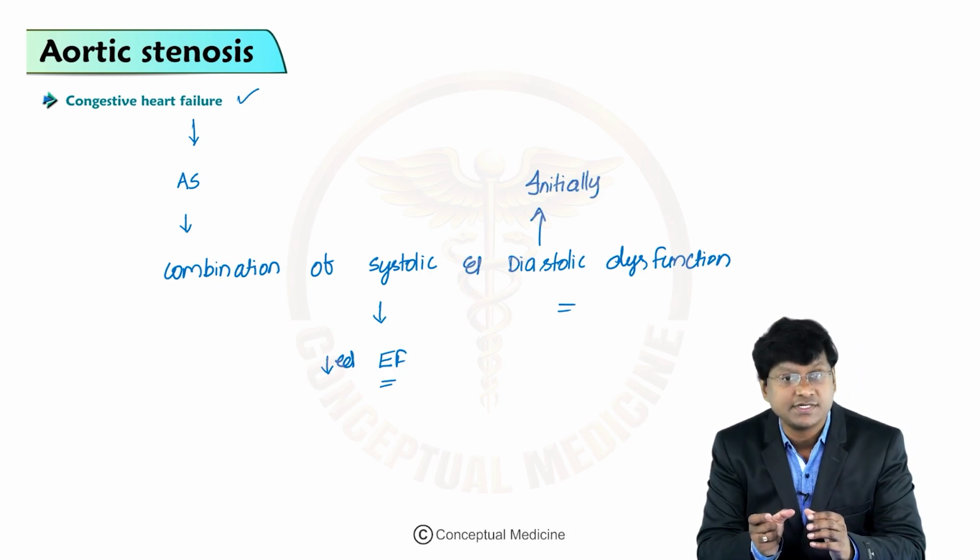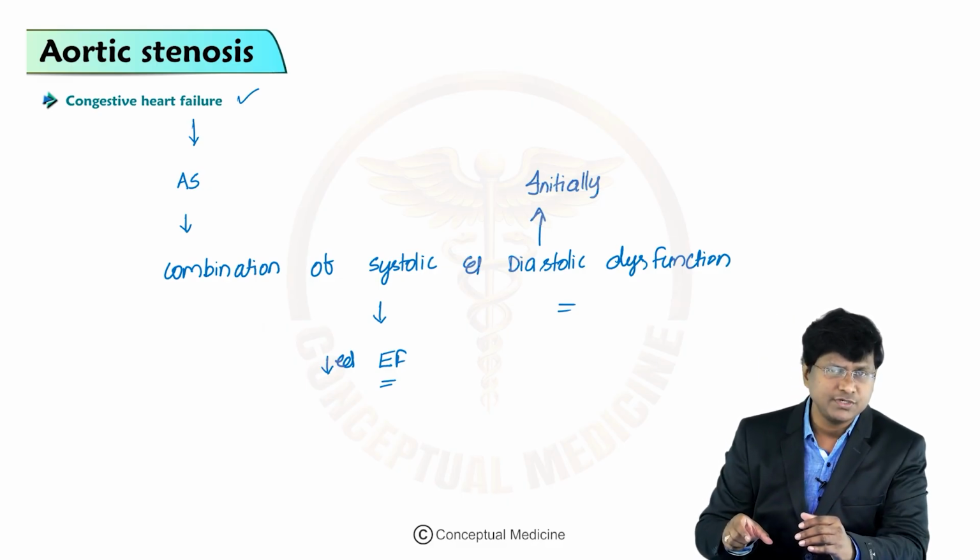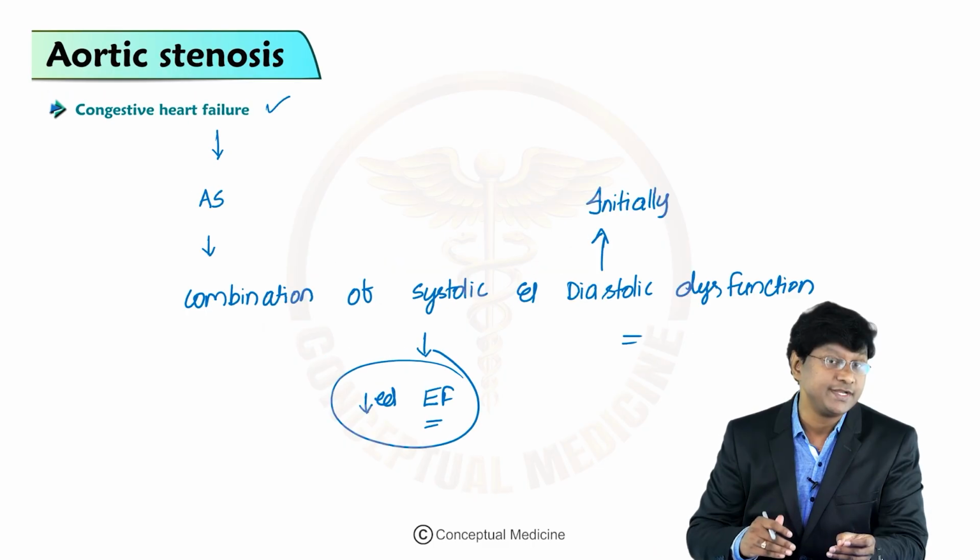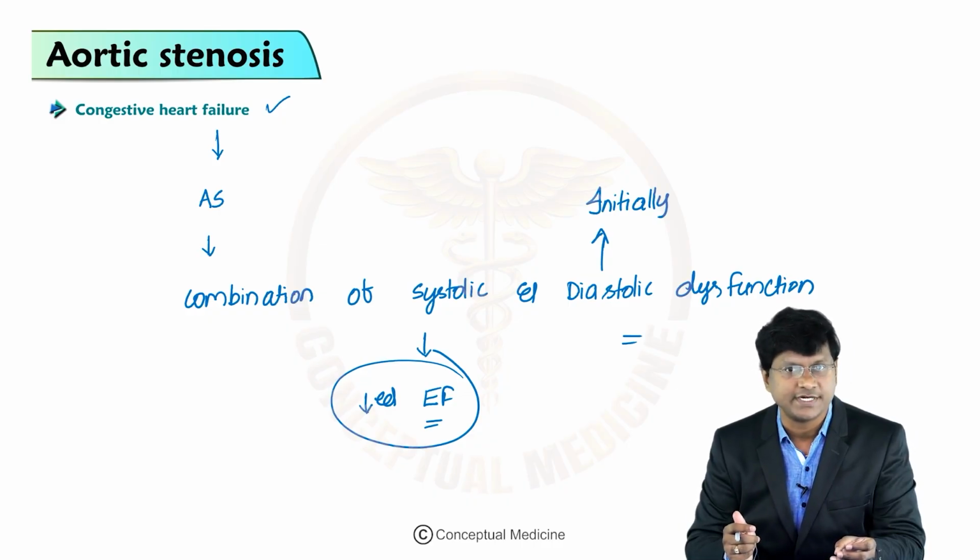Because there is concentric hypertrophy of the left ventricle, so the left ventricle is unable to relax completely. Thereby there will be an increase in left ventricular end diastolic pressure and an increase in left atrial pressure. As the severity progresses, the diastolic dysfunction will further progress to systolic dysfunction, so there will be reduced ejection fraction in patients with aortic stenosis once systolic dysfunction develops.